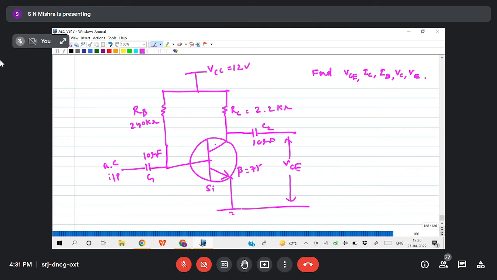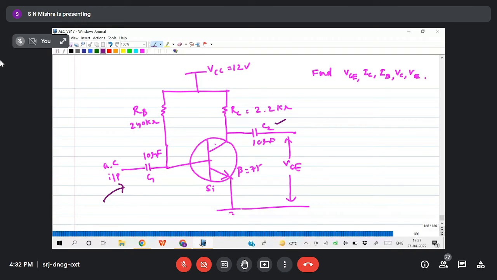See, the capacitors C1 and C2 are connected here. You don't bother about that, because this capacitor is actually called a blocking capacitor. Whenever we give AC from this side, whatever DC is present in that AC will be blocked by this capacitor. Similarly, this capacitor will block the DC at the output, where we require AC.